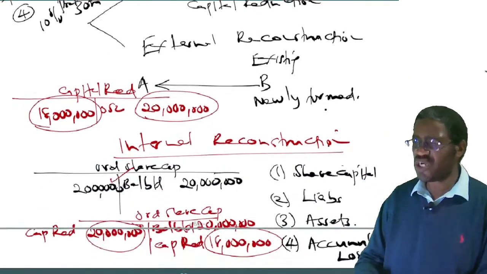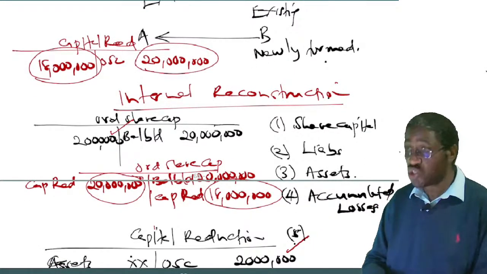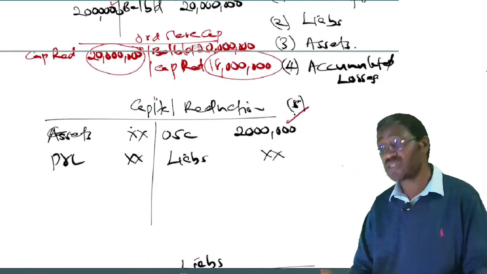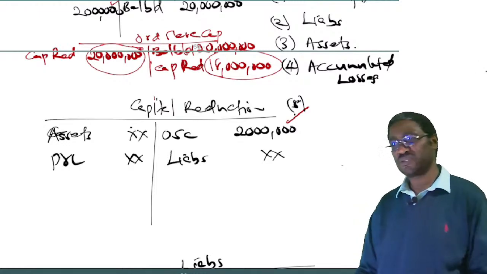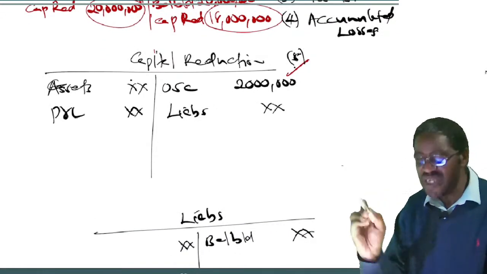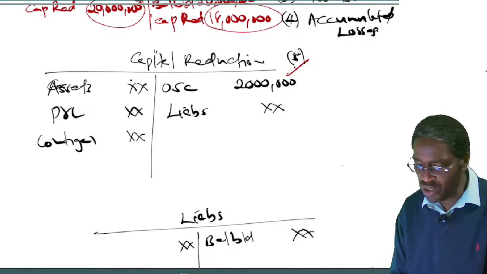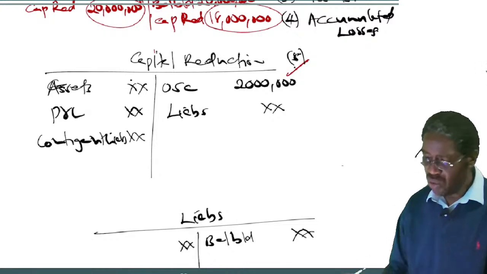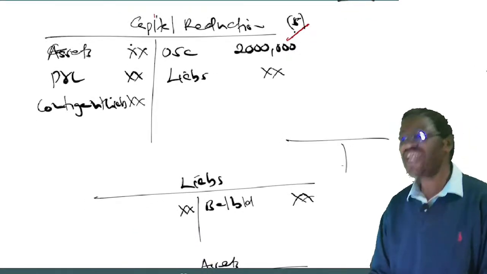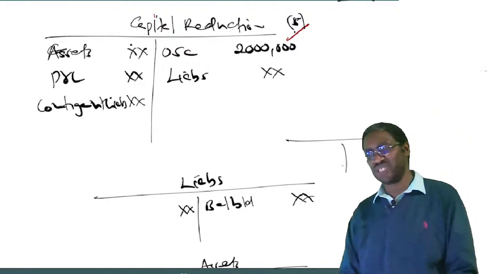Now that we are reconstructing the company, that 6 million called preference dividends in arrears should be crystallized. So the question is, how do we crystallize a contingent liability? To make it a liability, you will debit capital reduction, and you will credit that account called contingent liability, whichever it is. Let us assume that specifically we know it's preference dividends in arrears.